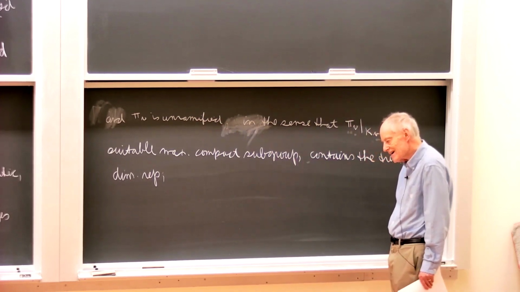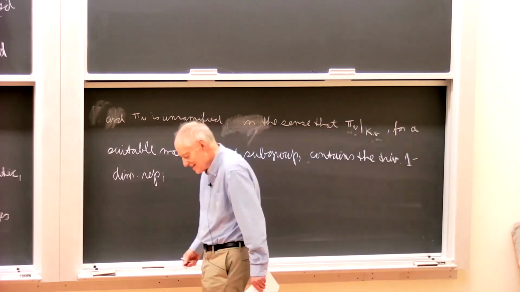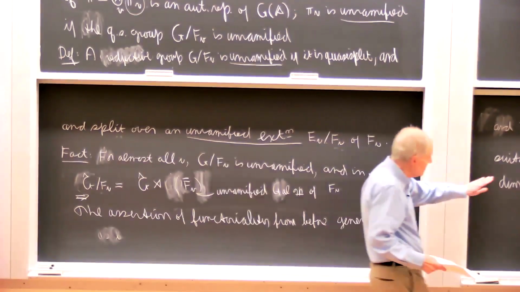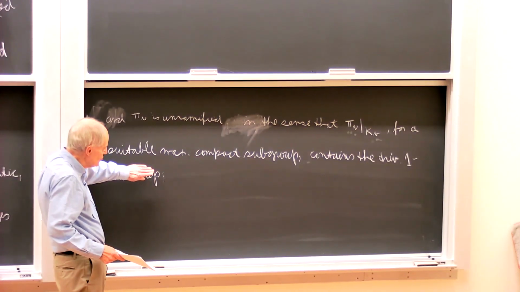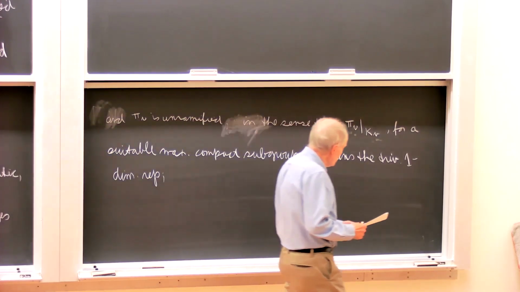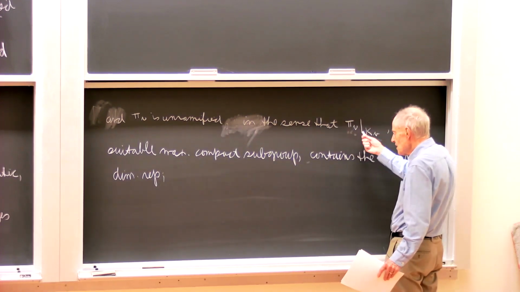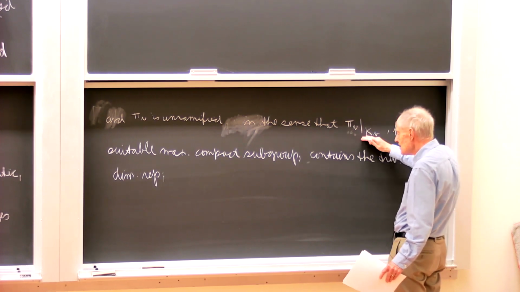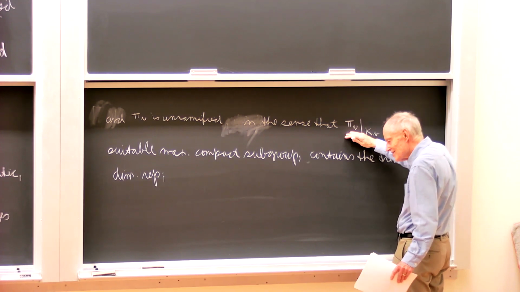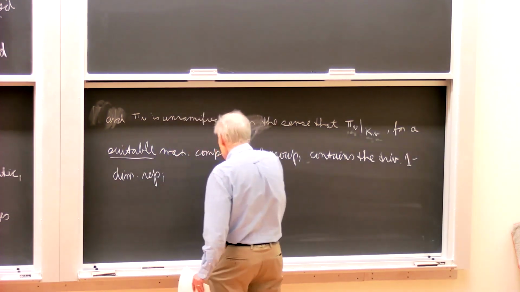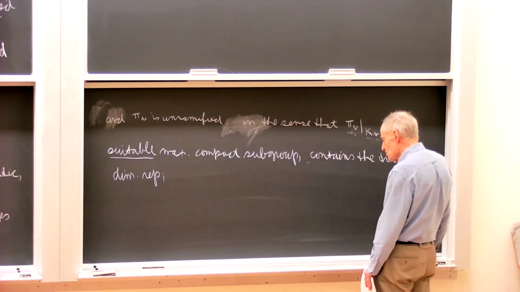Now there's one condition that you have to put, well, I'm not going to say, but for p-adic groups, maximal compact subgroups are not all conjugate the way they are for real groups. But there's the notion of a special maximal compact subgroup, and those are not all conjugate either, but I'm just going to say a suitable maximal compact subgroup contains the trivial one-dimensional representation.